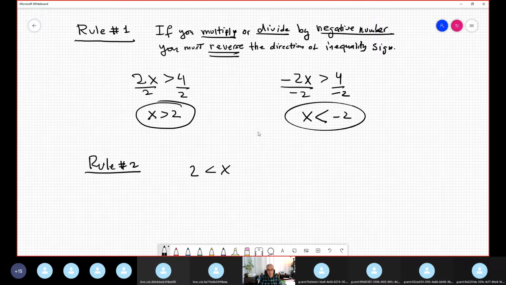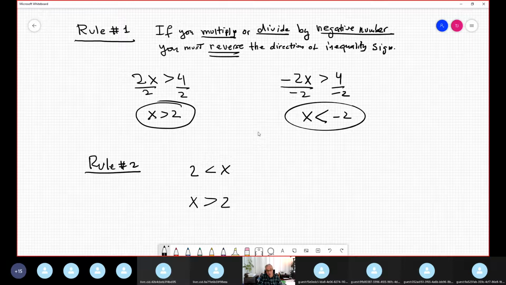But to express anything, for me it is more convenient to put the variable on the left and the number on the right. So you put an x on the left, you put a 2 on the right, and you reverse the direction of the sign.